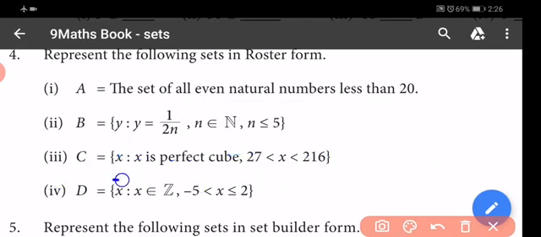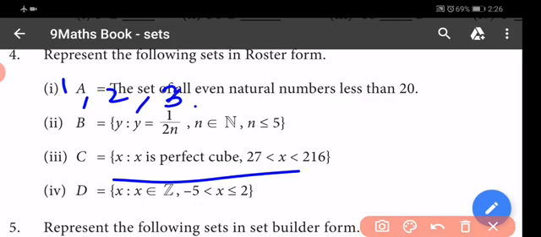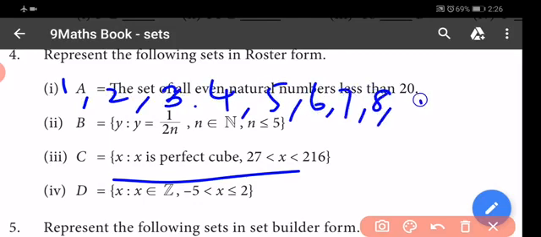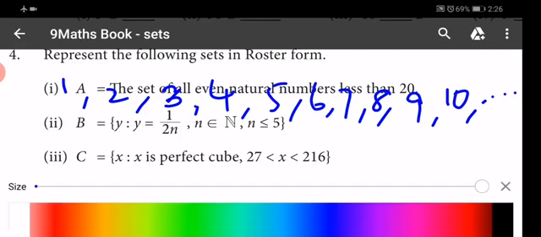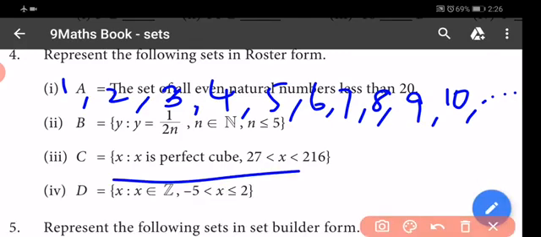Okay. And the third one: for all x such that x is a perfect cube. So perfect cube means, you know perfect square numbers. You know the natural numbers 1, 2, 3, 4, 5, 6, 7, 8, 9, 10 and etc. If we square all the numbers, then they are called perfect square numbers.